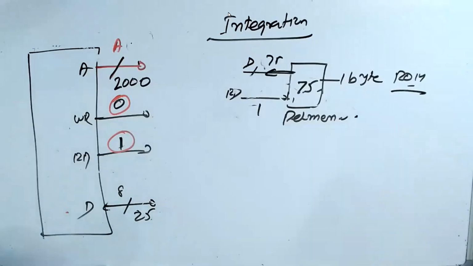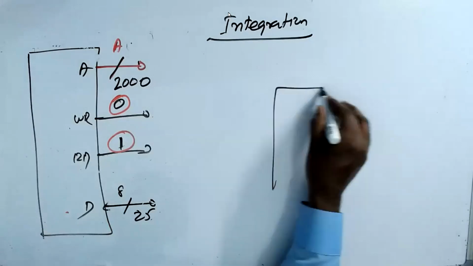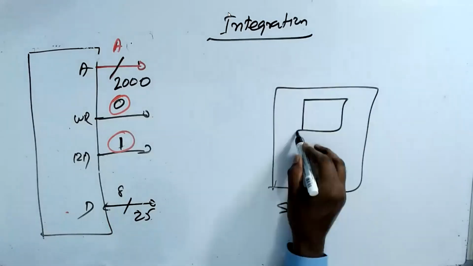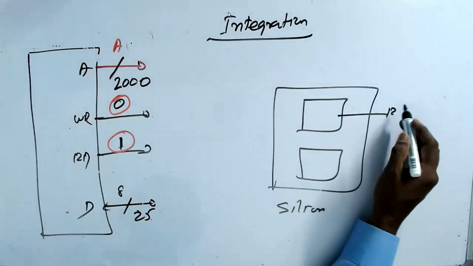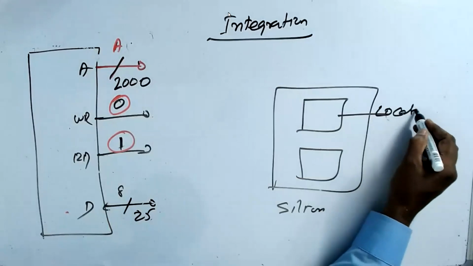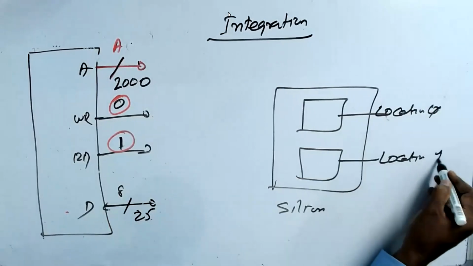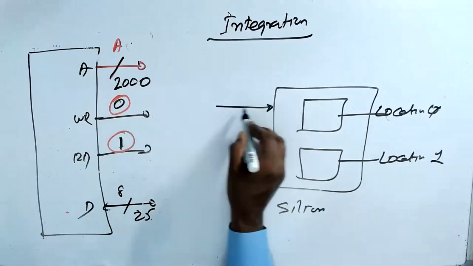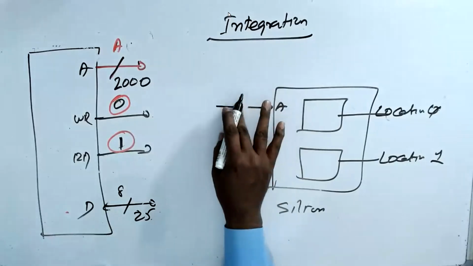What engineers did beautifully, within the same silicon, they put 2 ROMs: location 0, location 1. To select which location, I have a signal called address, only 1 wire.